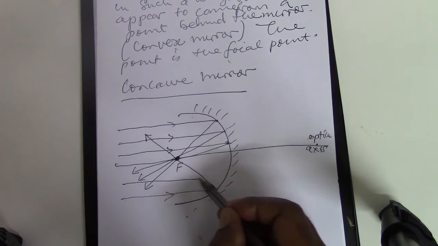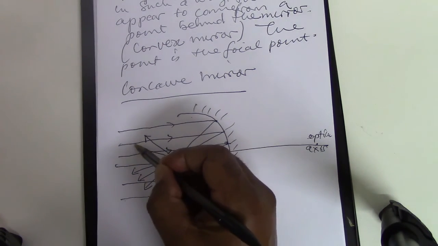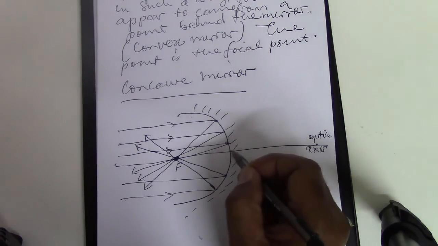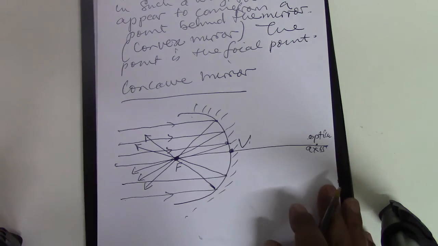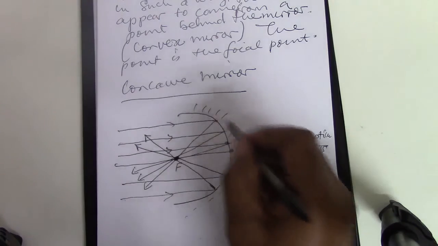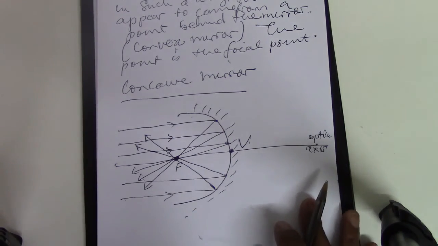And the same applies to this one. It's reflected passing through the focal point like that. And this is our vertex, which is the optical center. And this is in case of the concave mirror. Right.